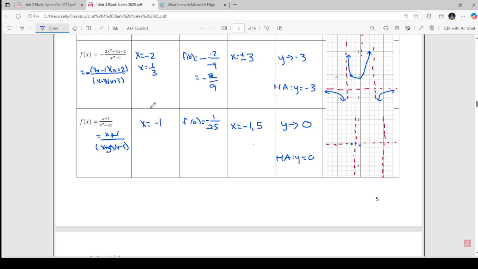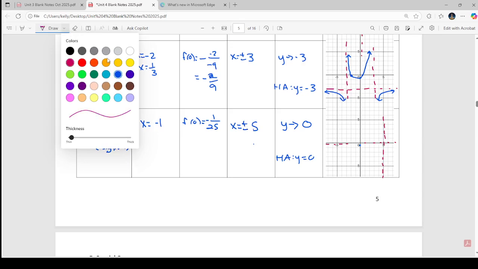That was x plus 5 and x minus 5. Okay, so that's where our vertical asymptotes are, because I was like, we can't have a point on our asymptote. What is going on? So this is at plus or minus 5. Okay, so don't have messy handwriting.